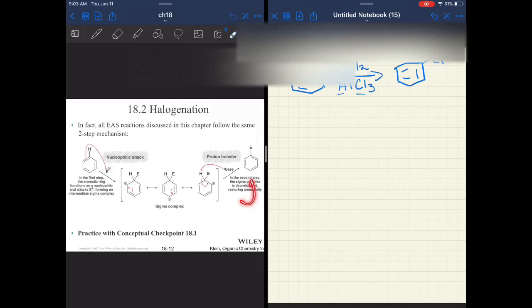And then you will have some sort of last step where a base removes this proton. Now, depending on the reaction, this base varies. In the halogenation, the base will be either the FeBr4, or the aluminum would be AlCl4. Either way, that's going to act as your base, and it's going to regenerate the FeBr3 or AlCl3.